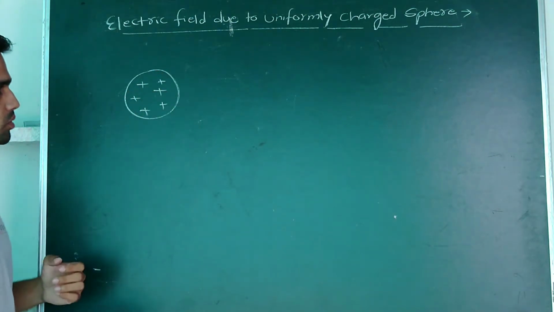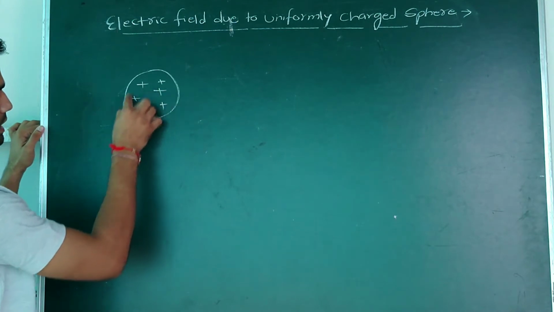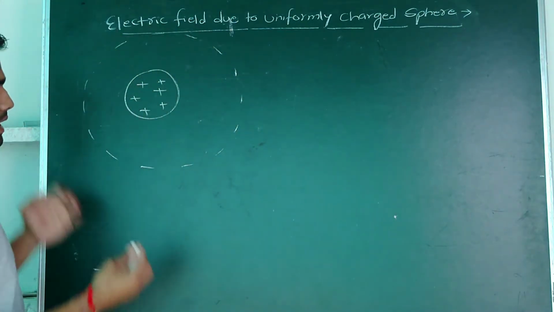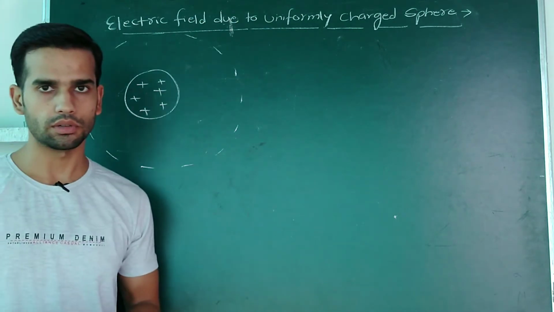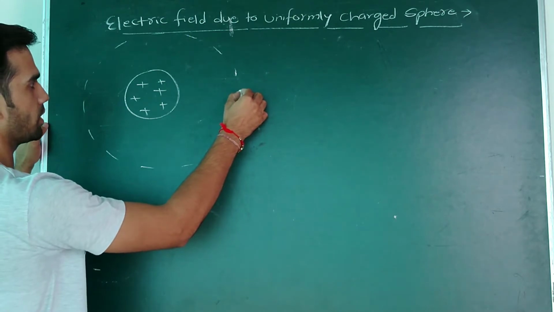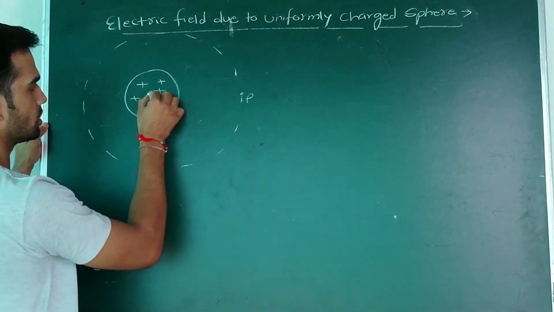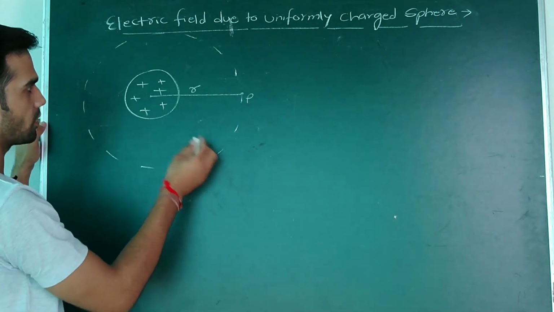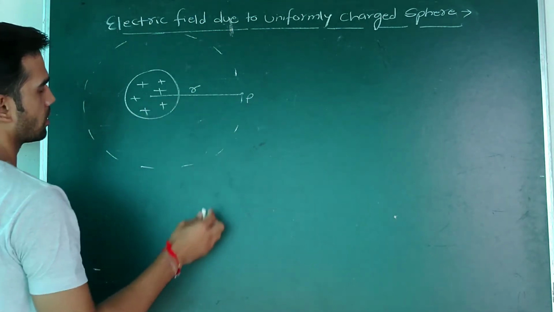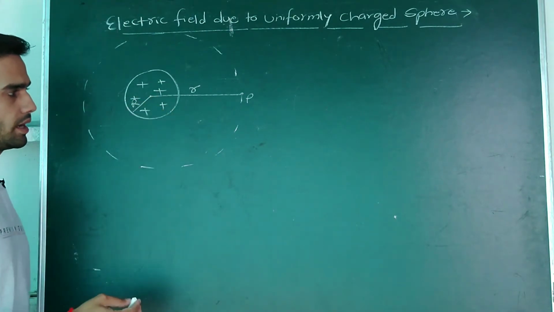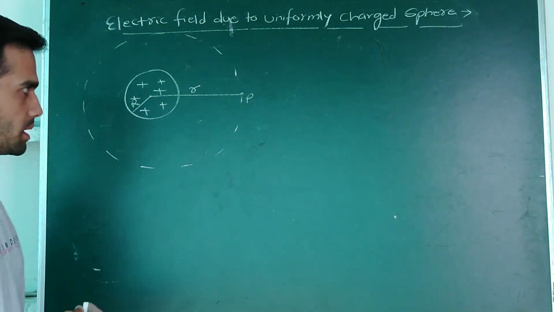The electric field due to these charges will be in all directions, in three dimensions. If you want to calculate electric field at a point P situated at a small distance r from the center of the sphere, where the radius of the sphere is capital R, then how do we calculate the electric field at P?